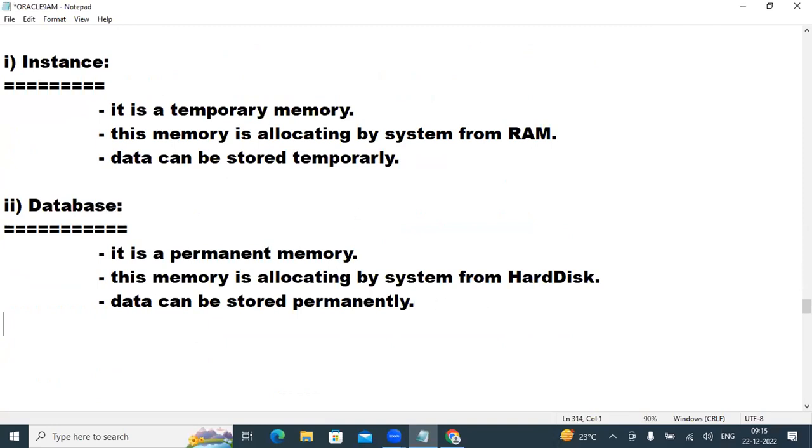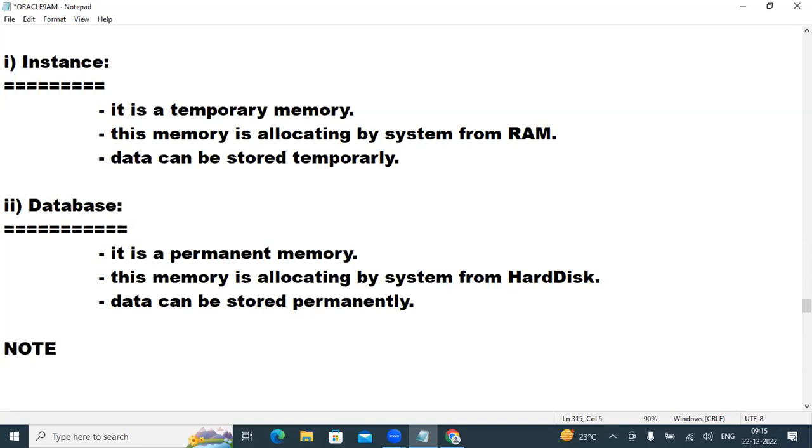And now let me go into how we can connect to your Oracle database after installation. Once you have successfully installed your software, then we need to connect. But connecting and working on an Oracle database, there are two methods we need to follow.